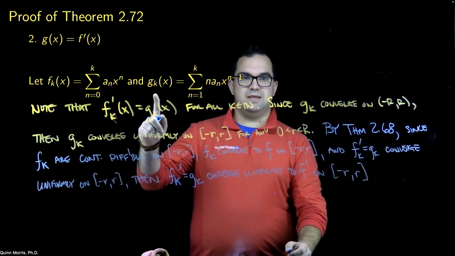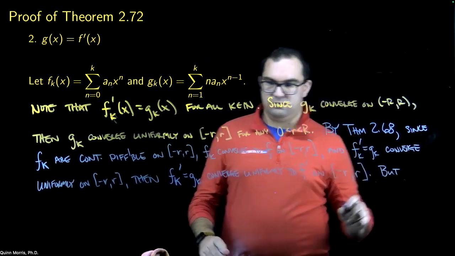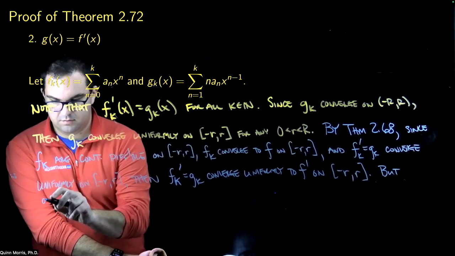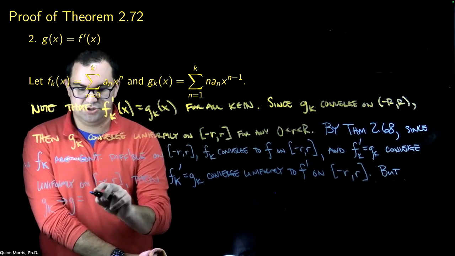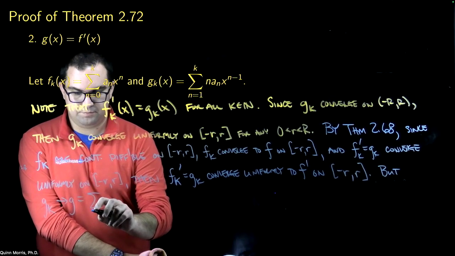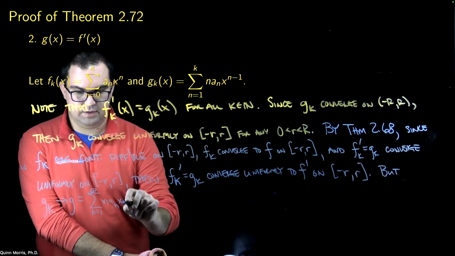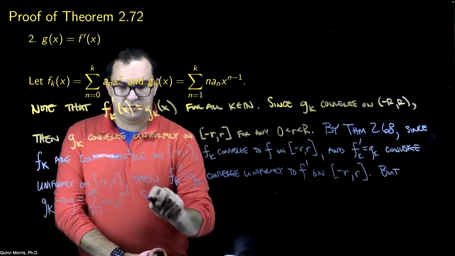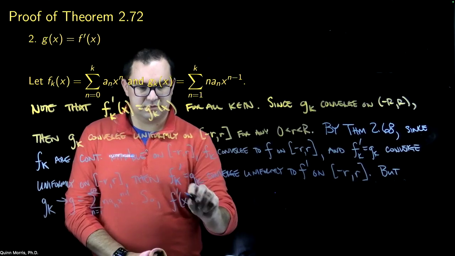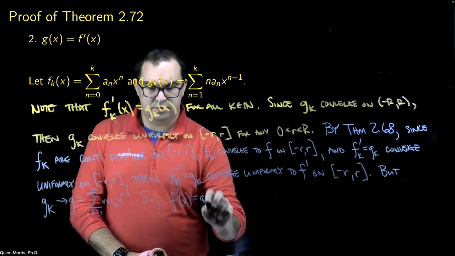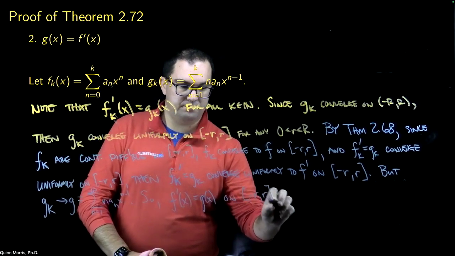But the pointwise limit of these g sub k's is the series G, which is the sum from n equals 1 to infinity of n a sub n x to the n minus 1. And so f prime of x is equal to g of x on minus r to r.